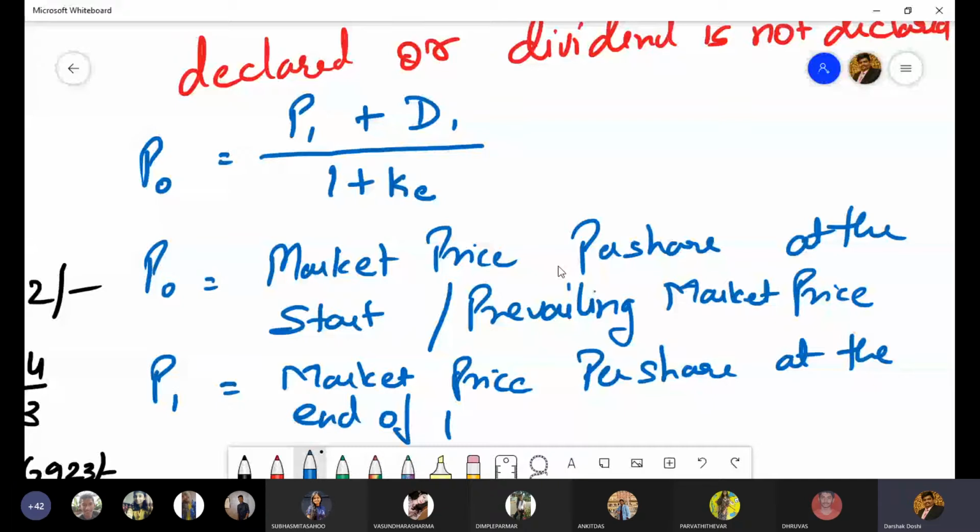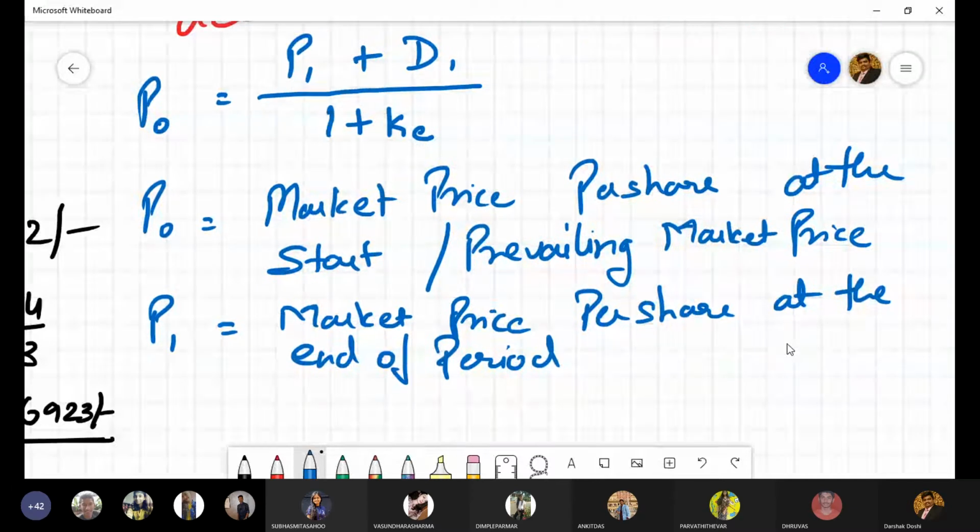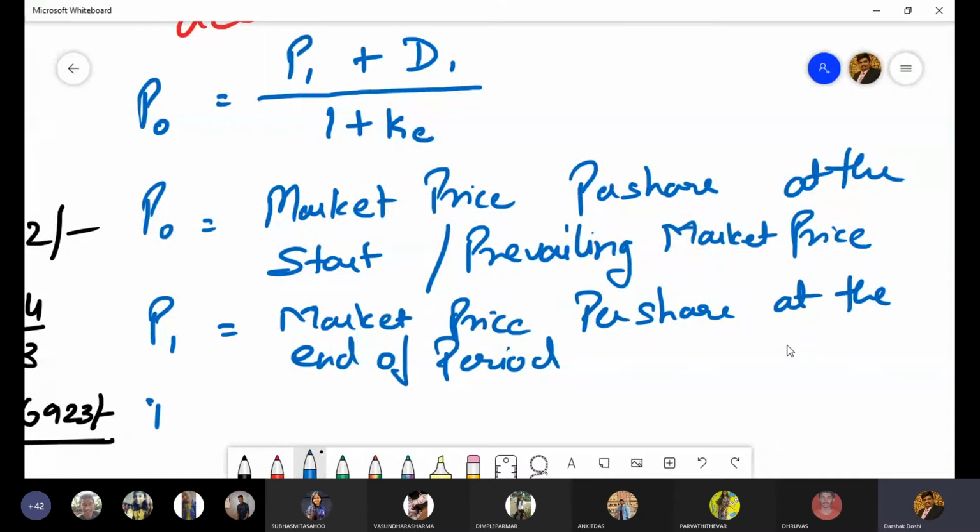D1 is the dividend to be received at the end of period.